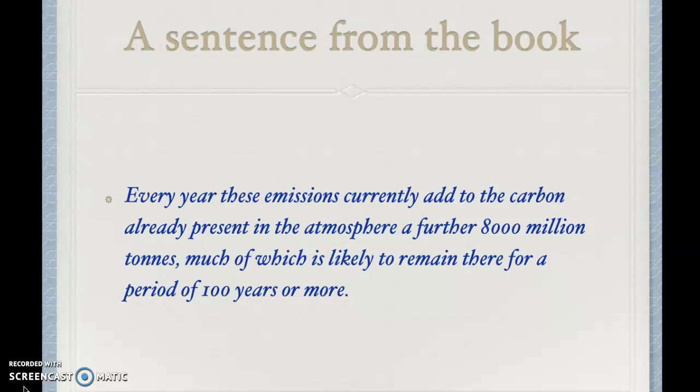So we all know that carbon dioxide is one of the causes of global warming and climate change. Okay, now the writer is giving me specific amounts and detailed information regarding how much carbon dioxide we're producing and how that's affecting the environment.